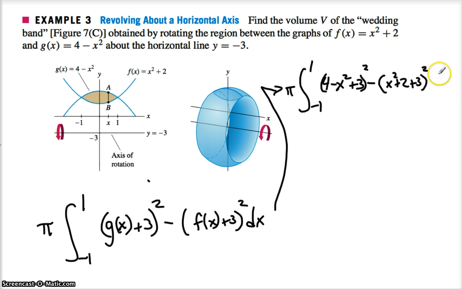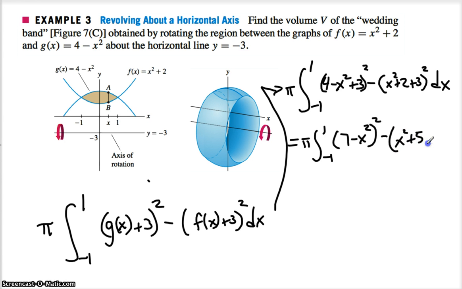Don't forget to square that, and we get dx. Let's do a little bit more simplifying here. In the brackets, we have 4 plus 3 is 7 minus x squared. Got to square all that. And then we subtract 2 plus 3, so it'll be x squared plus 5, all squared.